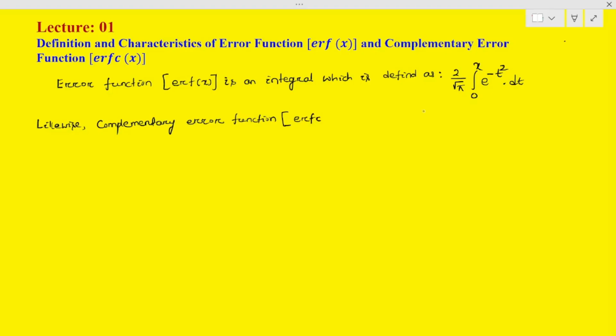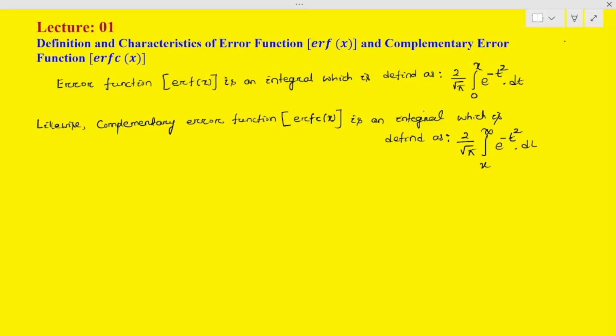Here ERFC of x is also an integral, which is defined as 2 by root pi, just with the integration limits changed. The lower limit will be x, the upper limit will be infinite, e to the power minus t square dt.